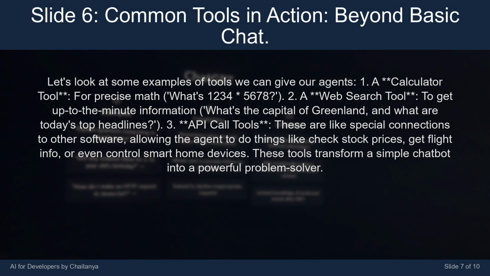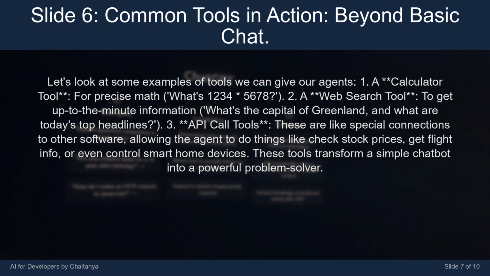Let's look at some examples of tools we can give our agents. 1. A calculator tool. For precise math, what's 1234 * 5678? 2. A web search tool. To get up to the minute information. What's the capital of Greenland?